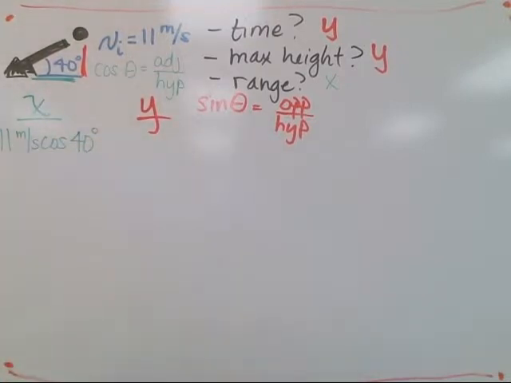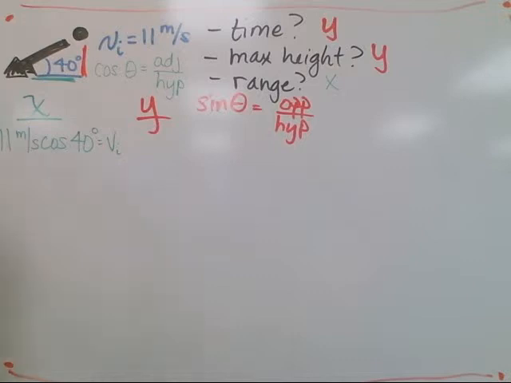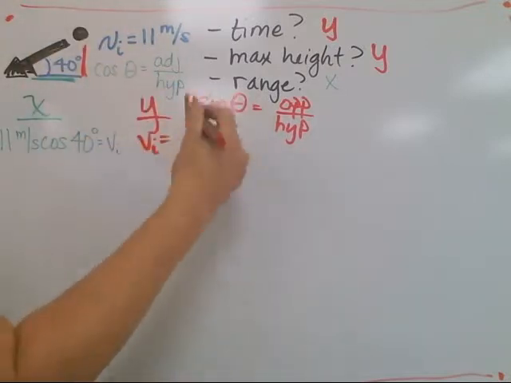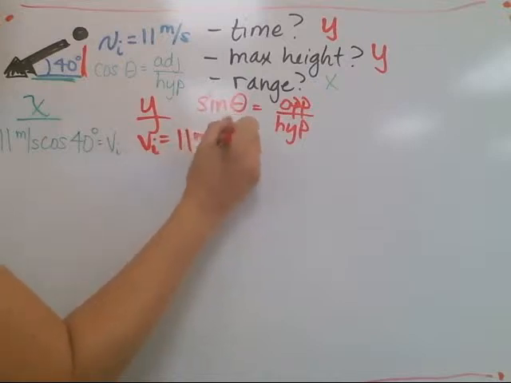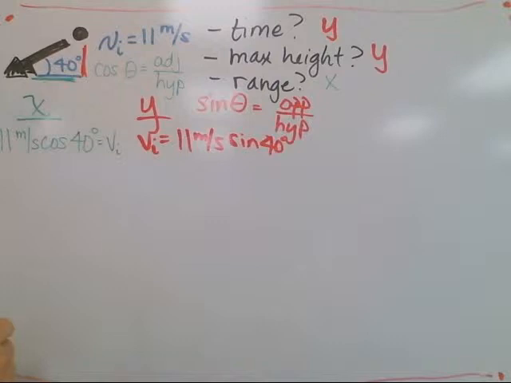That is the initial velocity for the x direction. For the y direction, it's going to be 11 meters per second times sine of 40 degrees.